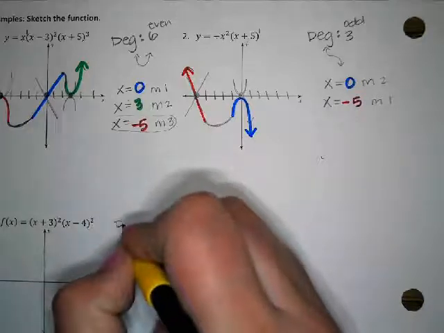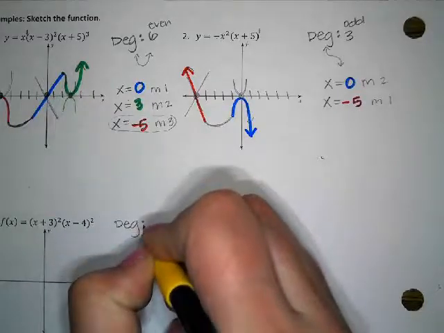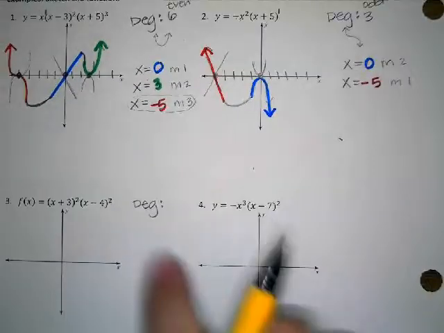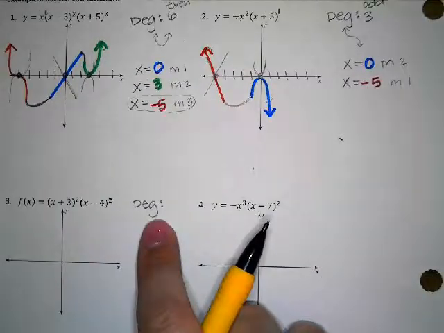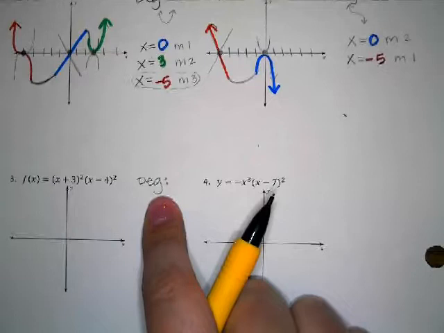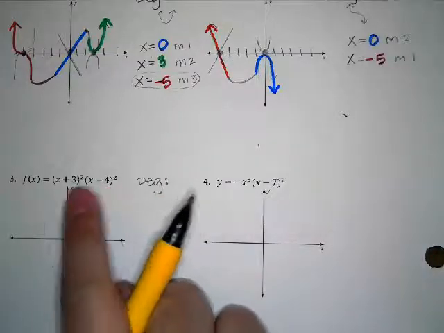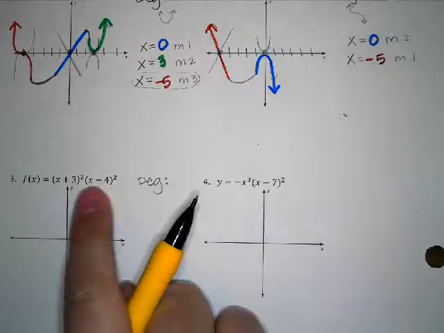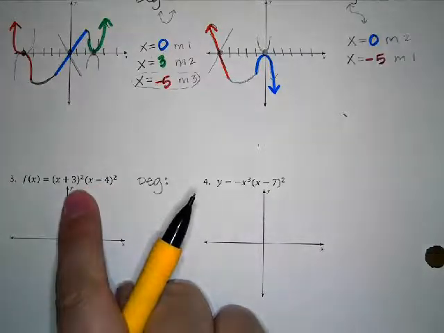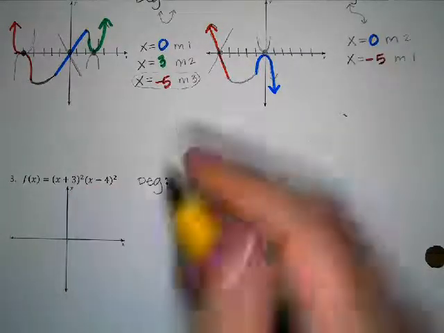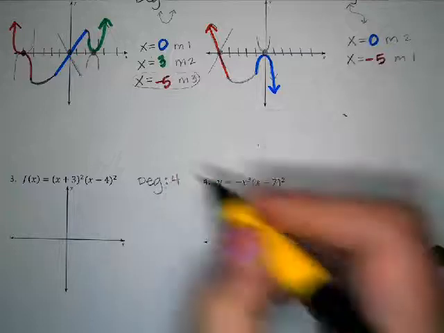Okay, what's the degree for number 3? Four. And that's an even number. It's positive in the front.